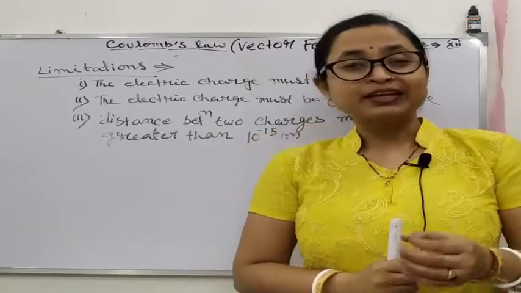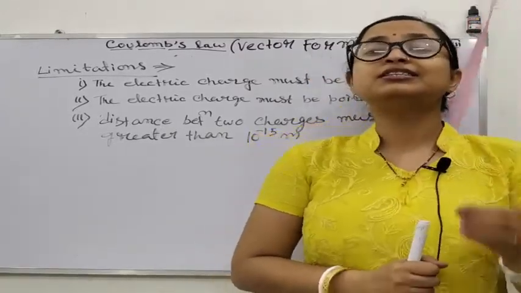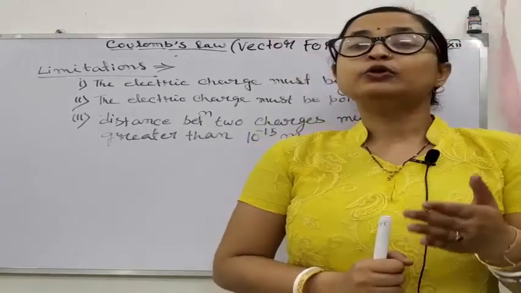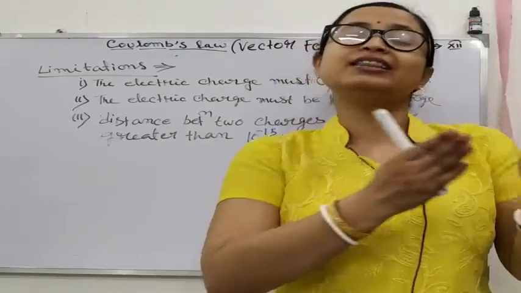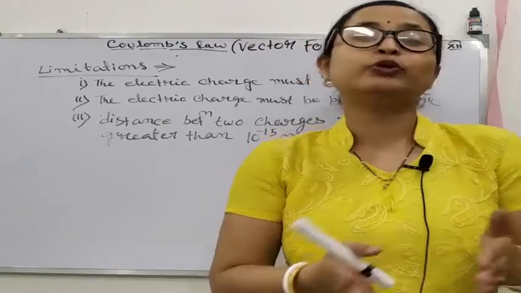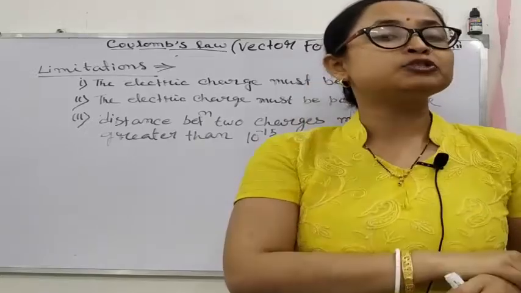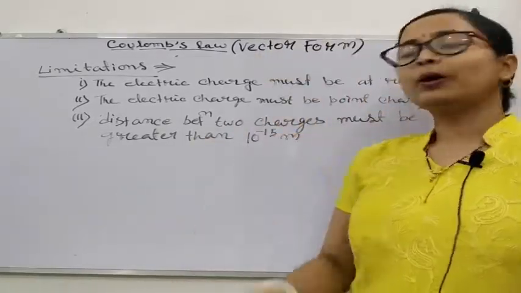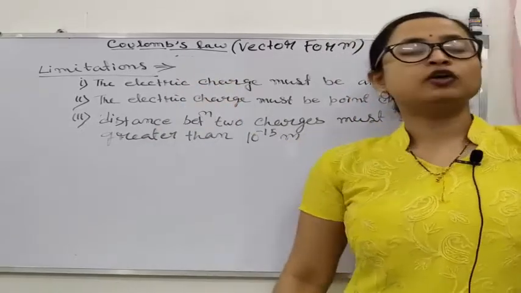That means if the distance is less than 10 to the power minus 15 meter, then there will be a strong nuclear force whose value is greater than the electric force. That means it will dominate the Coulomb force. That's why we can apply Coulomb's law only when the distance is greater than 10 to the power minus 15 meter. So these are the limitations of Coulomb's law.